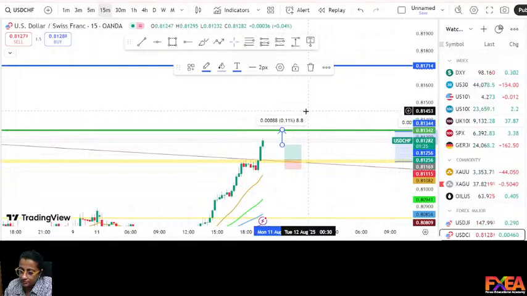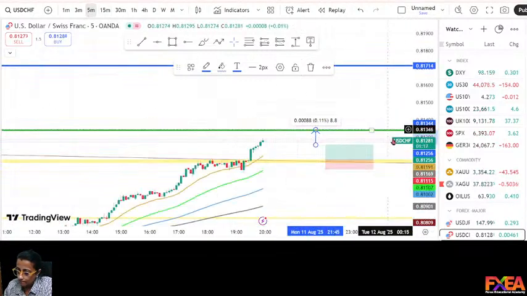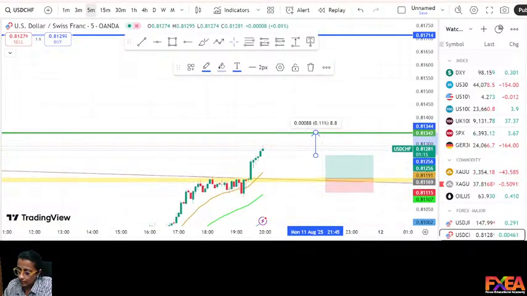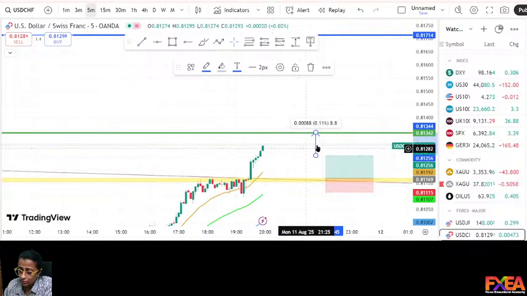It's just 8 pips. It's not going to give me much in my micro lot trading. If the target is hit, it will give me just 80 cents. That's it in a micro lot trade.